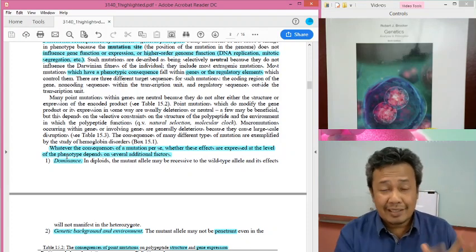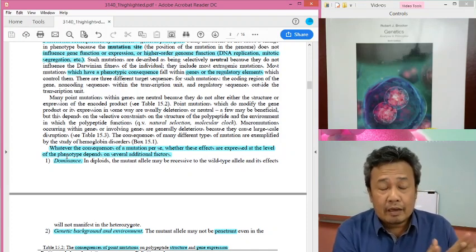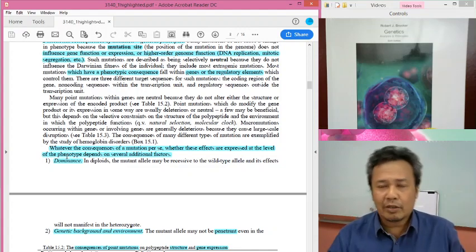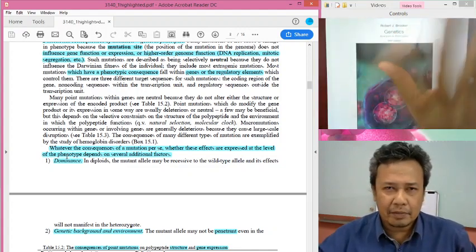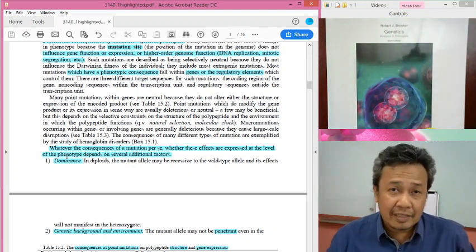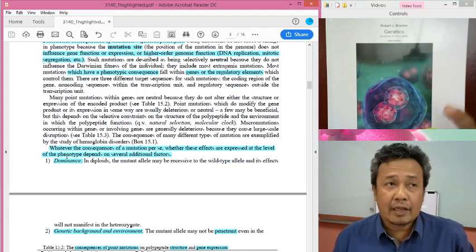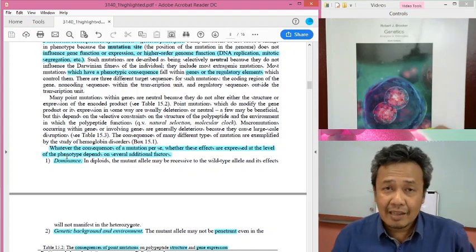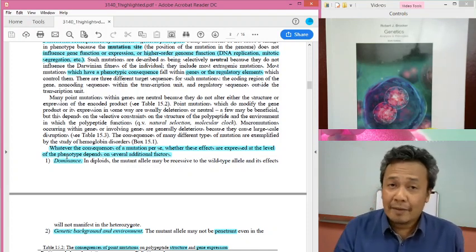So sometimes you can see changes in the protein structure, but you don't see the phenotype change. There are some examples given in the text. So whether a mutation manifests itself as something that you can see.